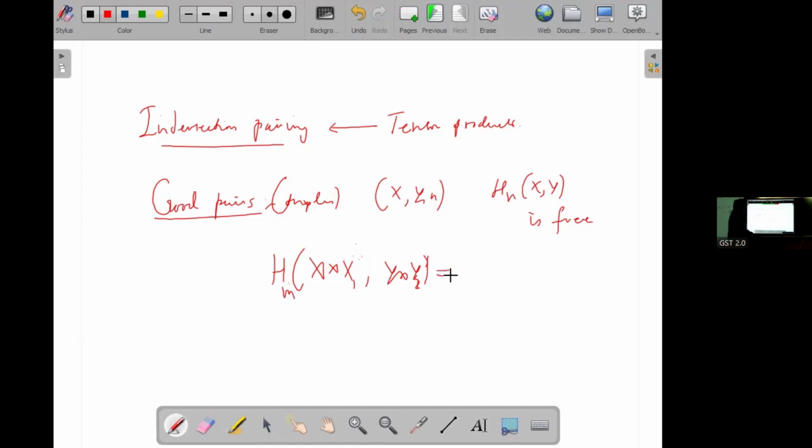So I would like to express this as a product, right? This is the Eilenberg-Zilber thing. I should write it as a direct sum of H_r(X, Y) tensor H_{n-r}(X1, Y1) and so on over r, right?